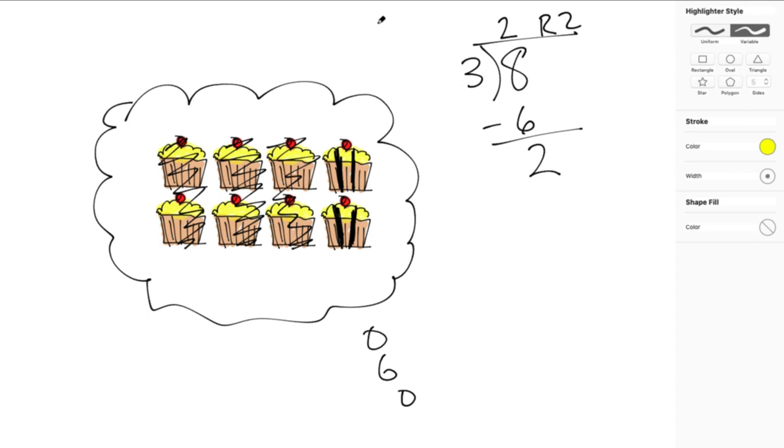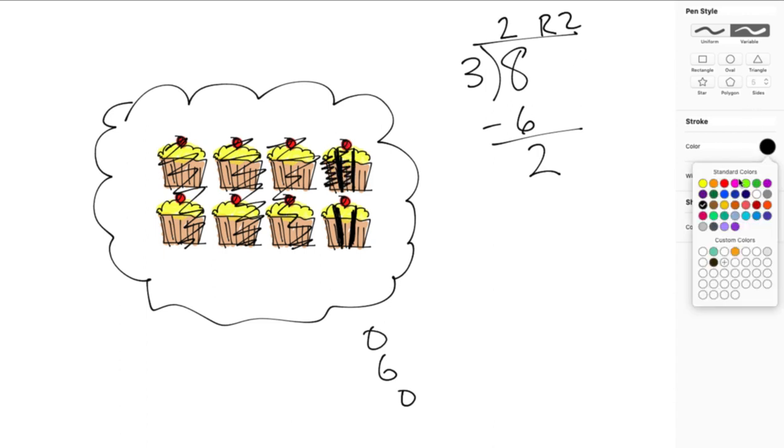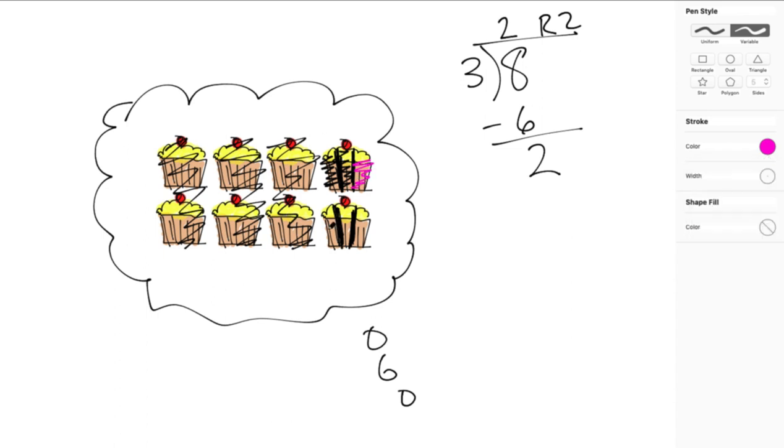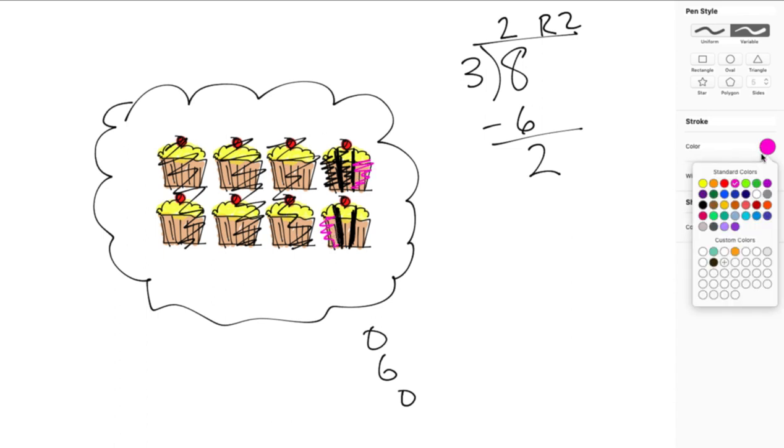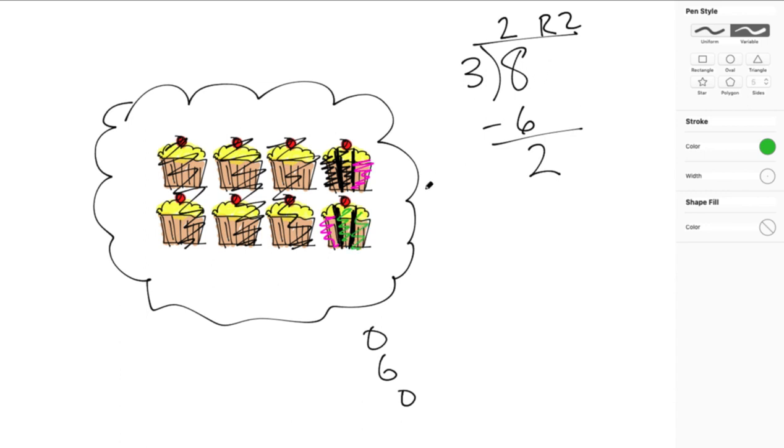To be fair, you'll get 2, and then you'll get 2/3 of this one, and your brother will get 2/3 here, and your sister will get 2/3 here. So technically, when you divide 8 by 3, you get 2 and 2/3.